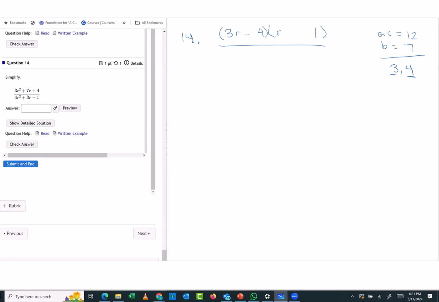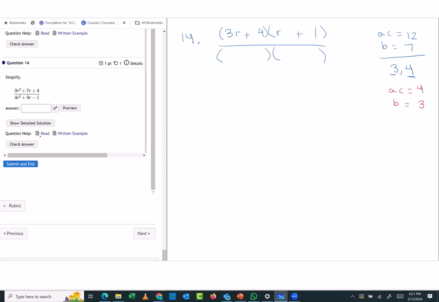And since everything is positive, this is going to be positive. I don't know if you understood that. For the denominator, I have a times c is equal to 4, and b is equal to 3.